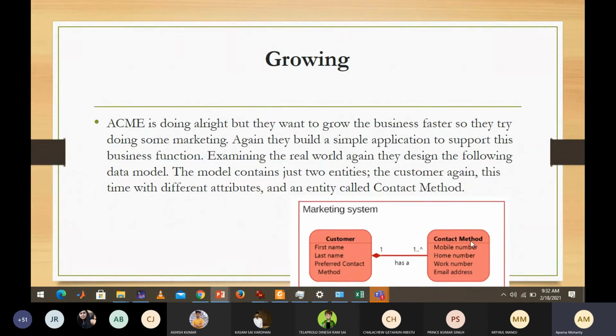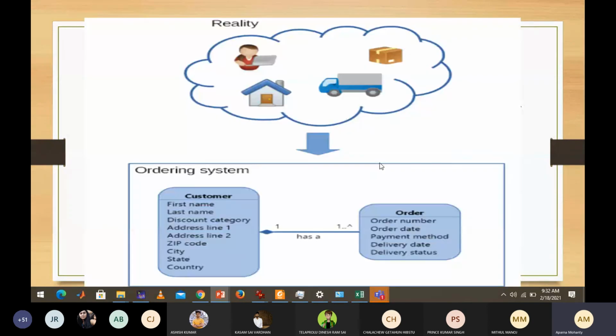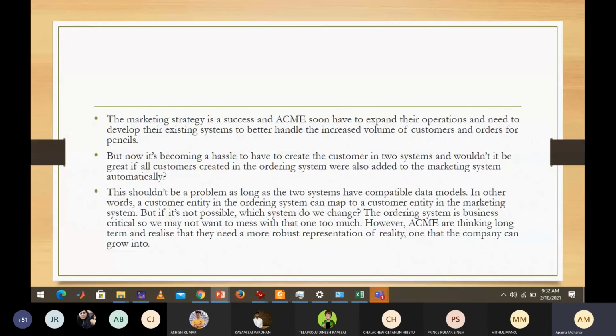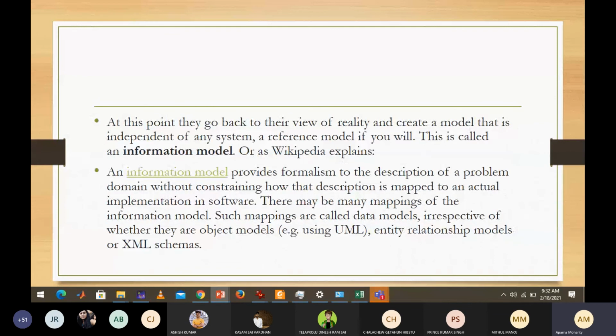Now when you want to grow beyond the capacity, this is the marketing system, and this ordering system had some data. You need to merge both of them. That merging results in the semantics, or integration, of both, which gives you information.